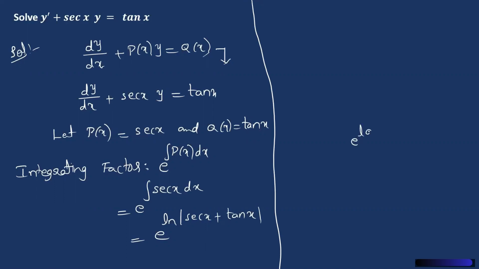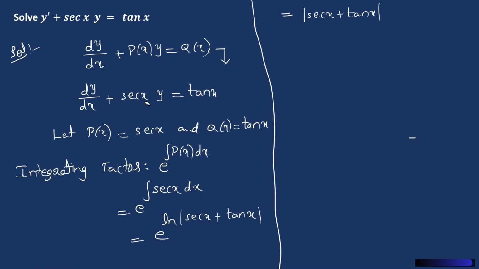When you have e to the power of ln of x, we can write this simply as x. Keeping that simple idea in view, we can write this as modulus of secant x plus tan x. So now this is the integrating factor we got.